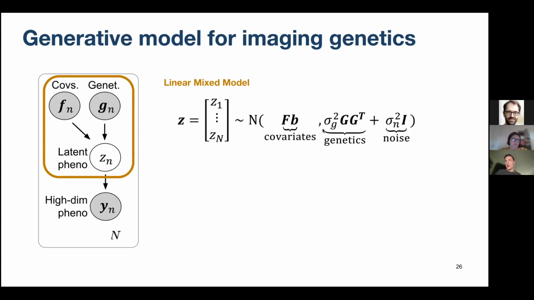One part captures similarity between individuals based on their genetics, and the second part is just IID. This is very much used in genetics to account for genetic similarity and the fact that we expect that individuals with similar genotypes also tend to share similar phenotypes, which may be due to different reasons.